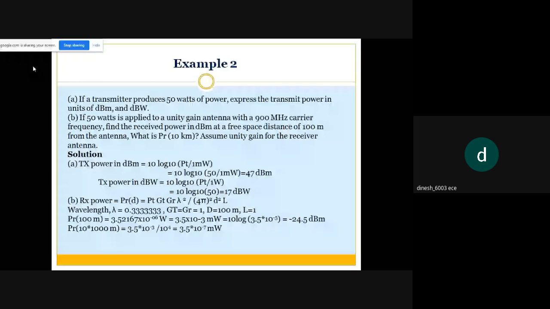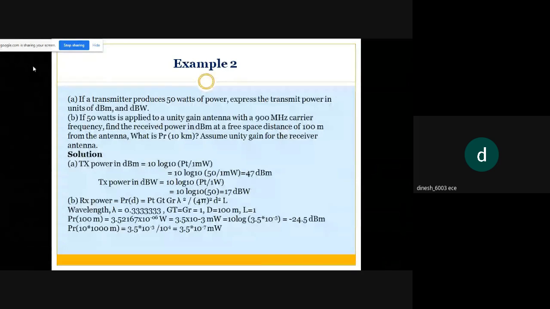We'll solve another example. The transmitter produces 50 watts of power. Express the transmitted power in units of decibel meter and decibel watts. How to present?